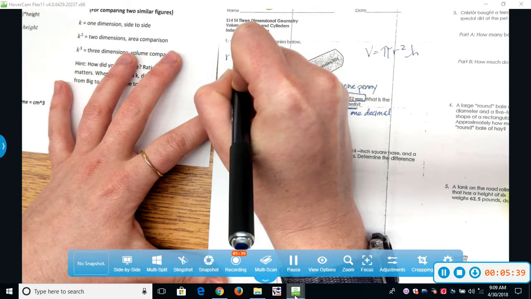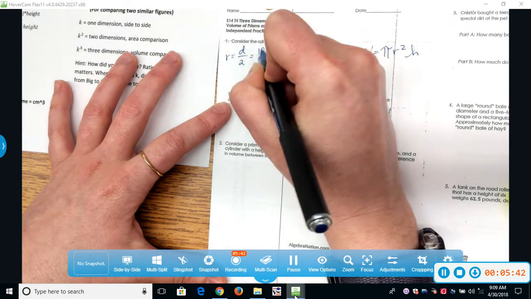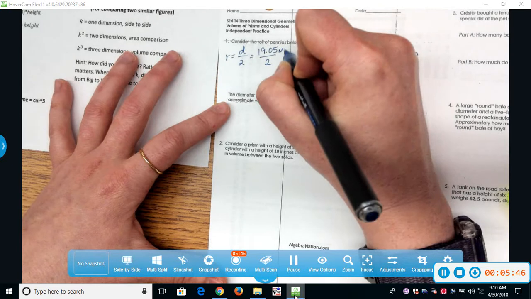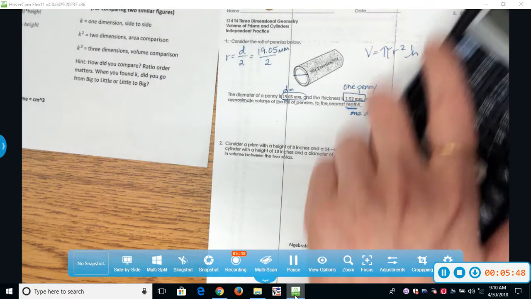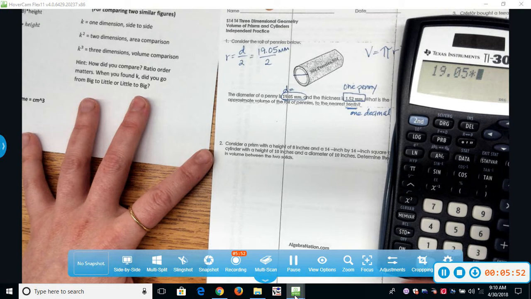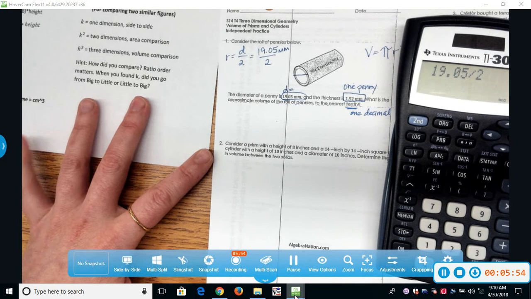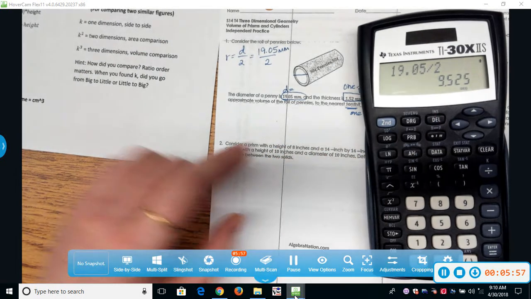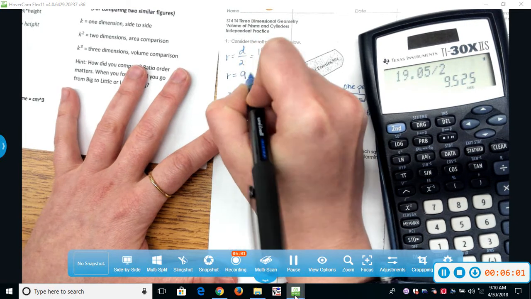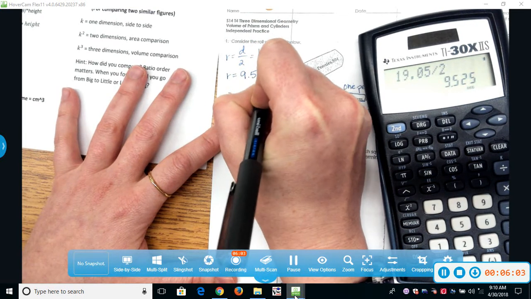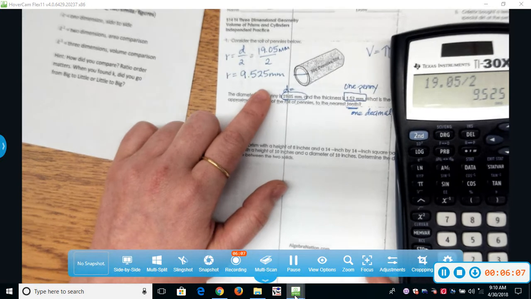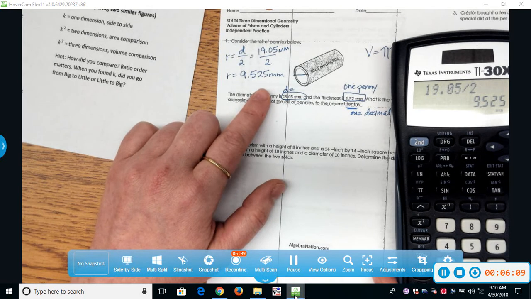So I need to take the diameter, I need to cut it in half. So I'm going to grab my calculator, 19.05, not times, divide it by 2. My radius is 9.525 millimeters. Again, on these, do not round until the very last step.